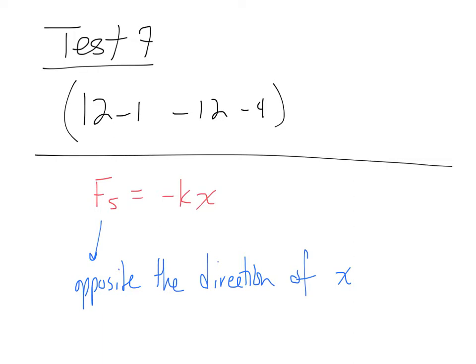If the k values are different, but I stretch them both the same distance, what can I conclude about the forces? Then wouldn't one force be greater than the other? Good. Why? Because one of them has a higher k value. Exactly. So a higher k value means you need to apply more force to stretch it. That's really what we get from Hooke's law here.